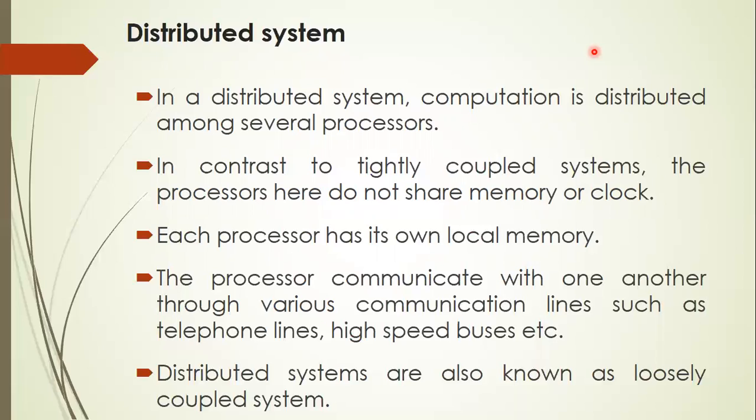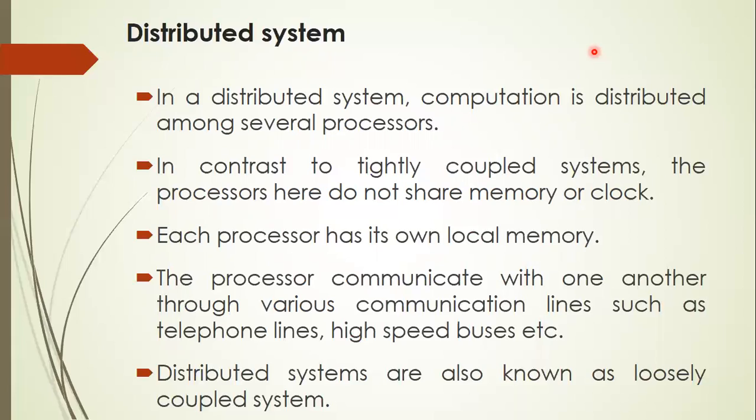But in case of distributed system, we call it a loosely coupled system, because the memory need not be shared. Every processor has its own memory and clock. So these two things need not be shared in the case of distributed system, but they are shared in the case of parallel system.